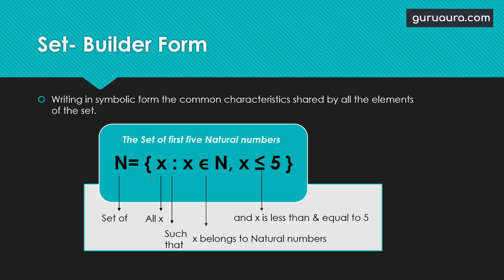The set builder form has a benefit over the roster form, as in roster form we need to list every element individually, whereas in set builder form we just describe the common properties held by the members of the set in symbolic form.